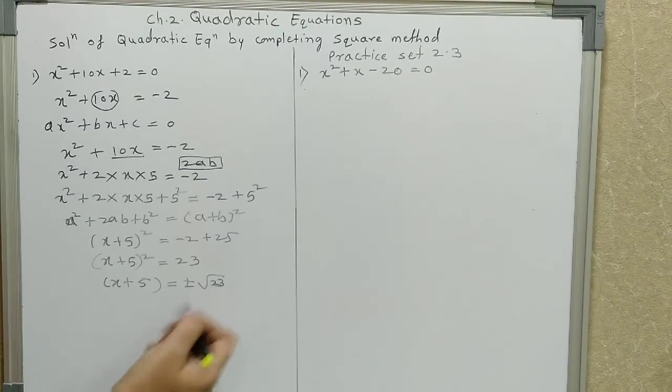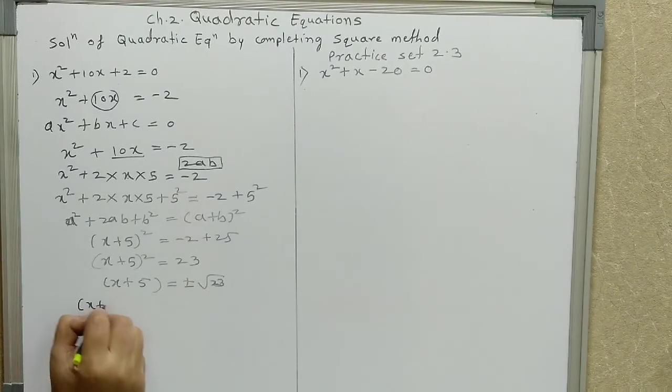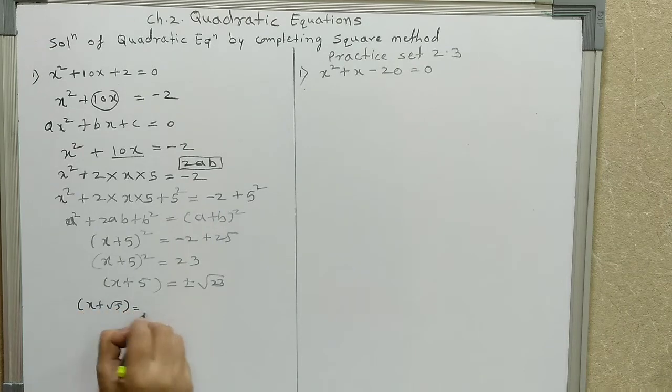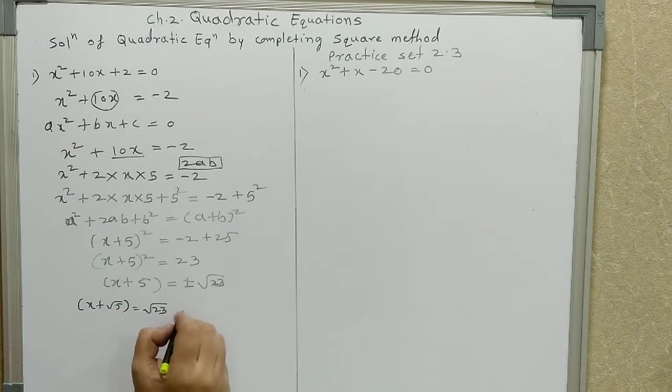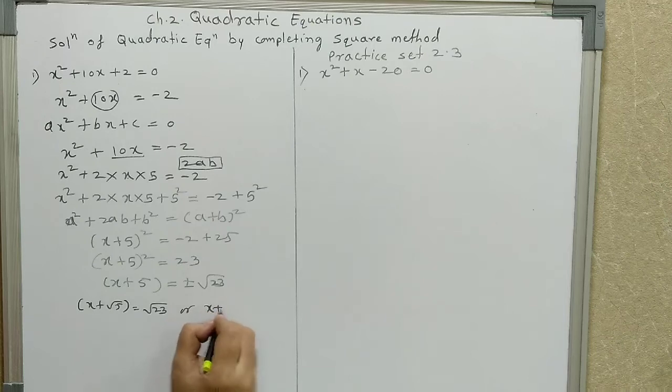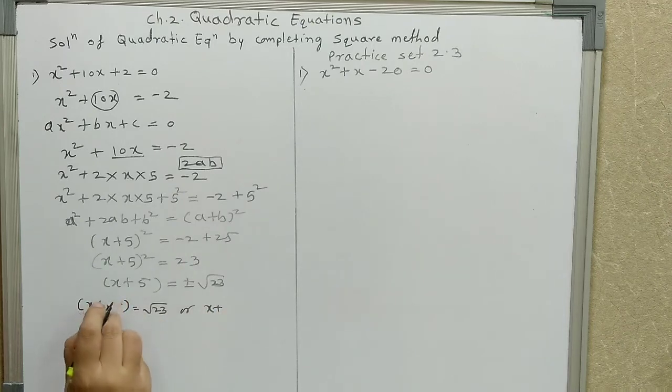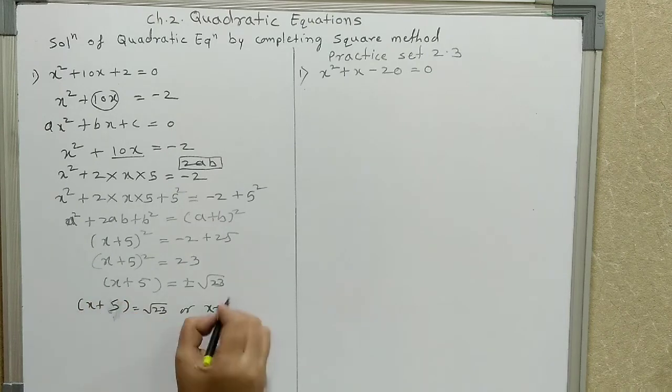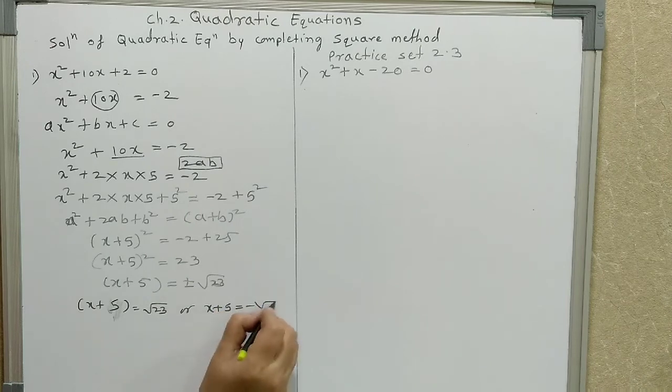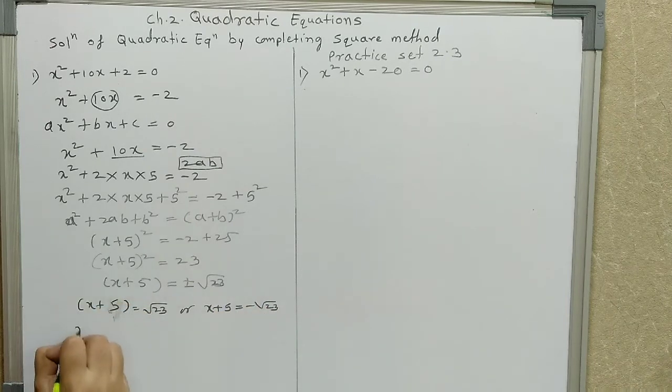First we take the positive root: x + 5 = √23, or x + 5 = -√23. Now x = √23 - 5, since 5 goes to the other side as minus 5.